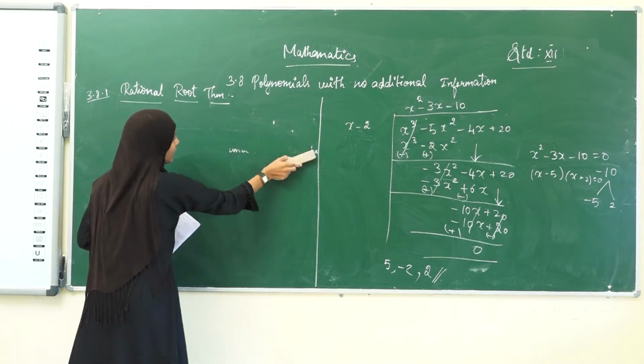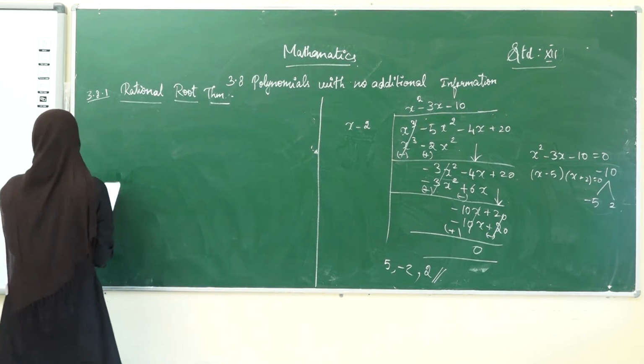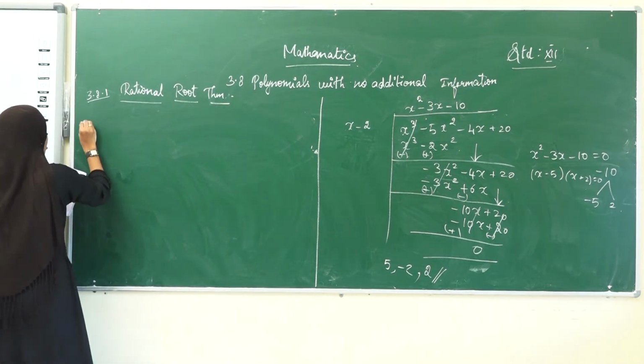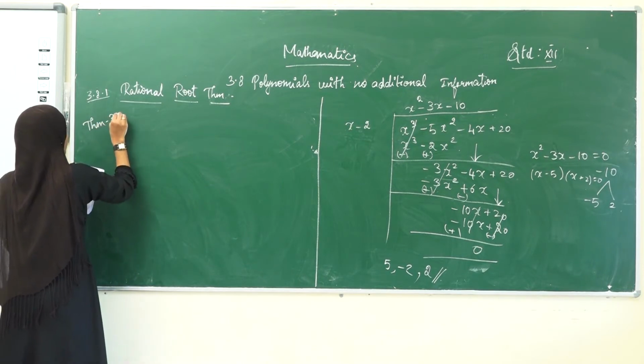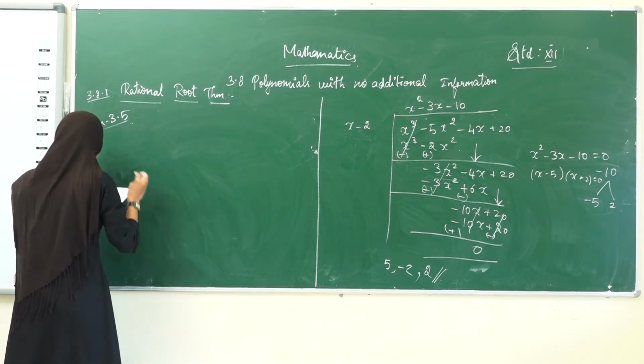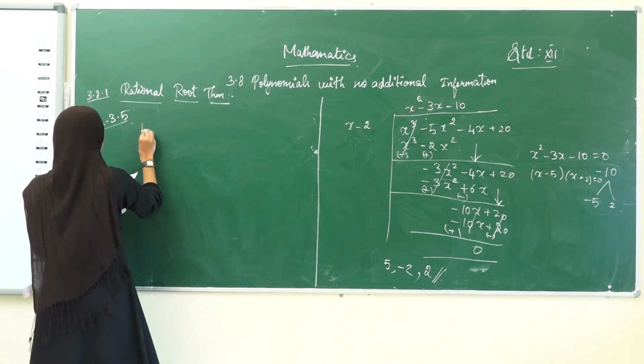Now let us see the statement. Okay, that is Theorem 3.5, rational root theorem. What's the statement they have given?